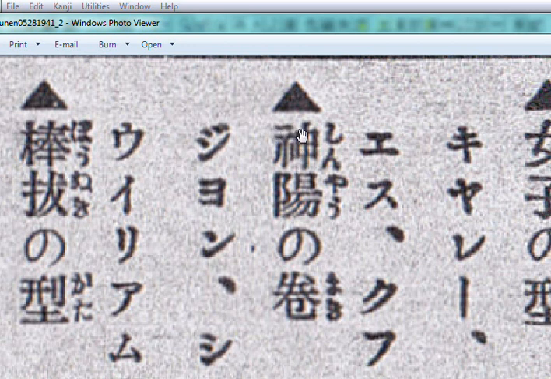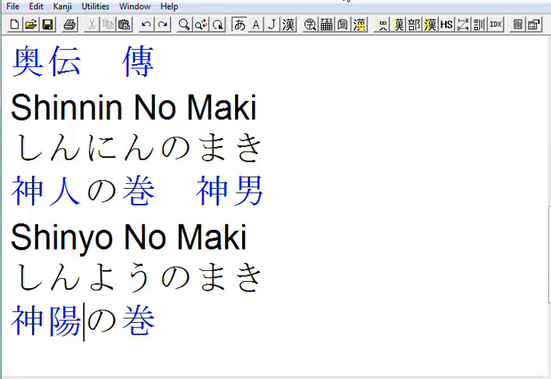This says Shin, and you can read the little what they call furigana on the side. Shin yo. It actually says Yau, but this is Shinyo no Maki. All right, and so indeed the kanji that were given to me back in 1995 are correct. The Shinyo were demonstrated back in 1941 and match these.